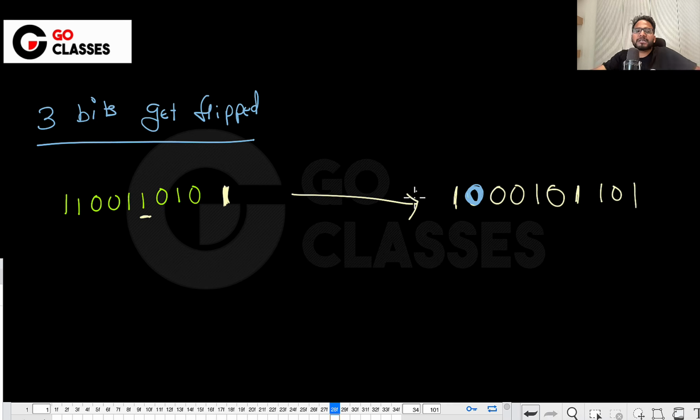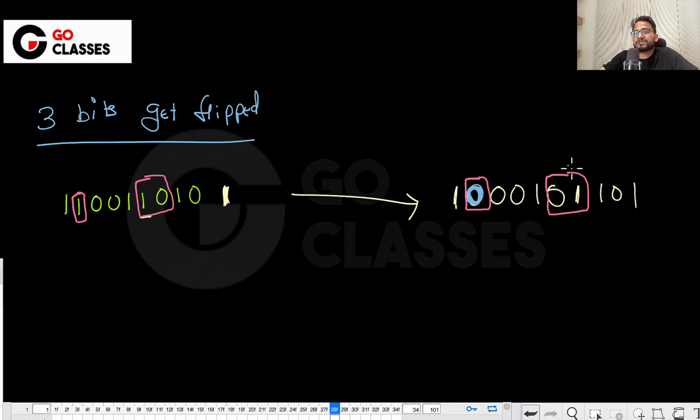I'm flipping just 3 bits: this one and these two. So suppose 3 bits get flipped. In that case, what will happen?